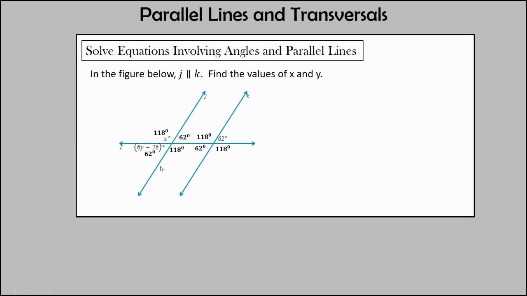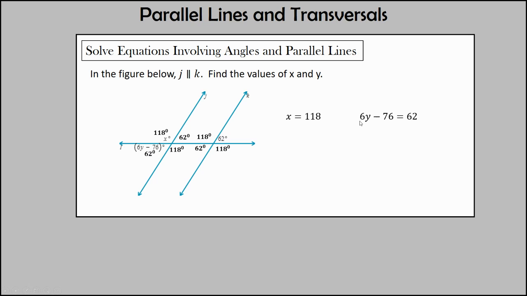Once I do that, now I'm saying, okay, how do I find the values of X and Y? Well, what I can see is obviously X is 118. That's just X that they want to know what it is. Now for Y, I'm going to have to write and solve an equation because they're telling me that this angle is described as 6Y minus 76. And I know the angle is 62.